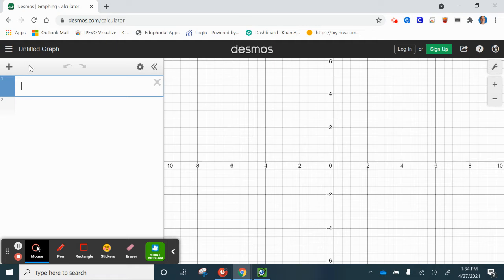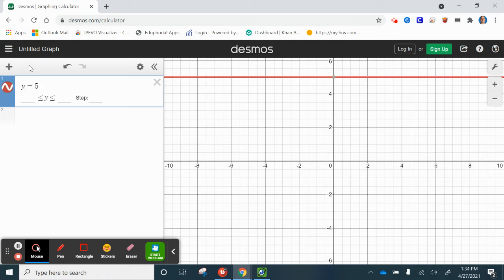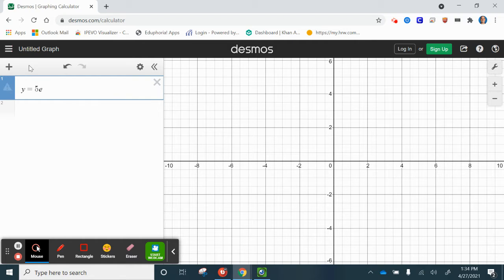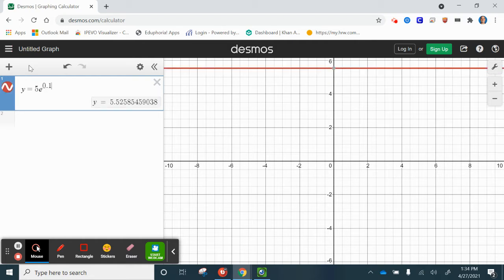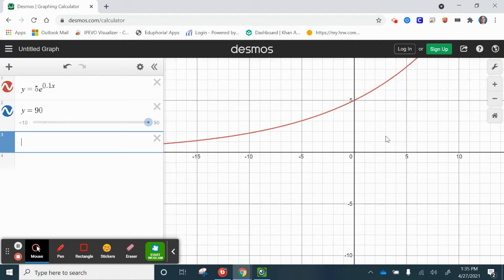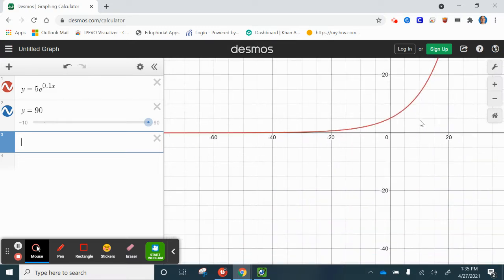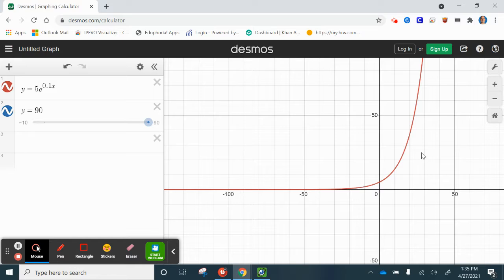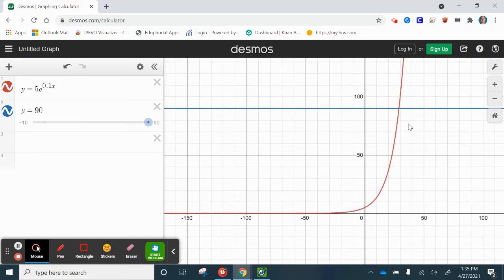We're going to graph y equals 5e to the 0.1x, press enter, graph y equals 90, and then we're going to come over here and zoom out, maybe put it down a little bit until we can see the point at which they intersect.